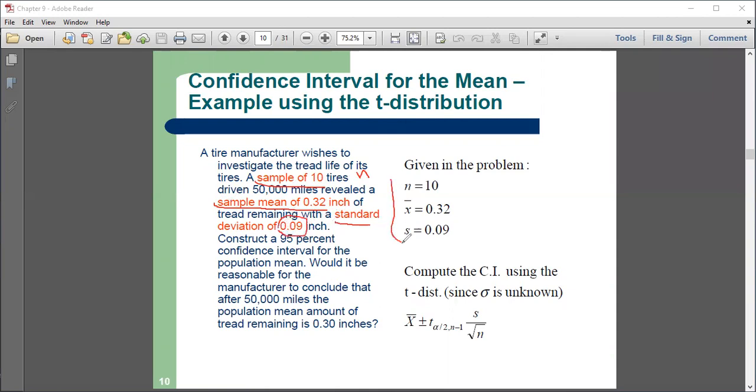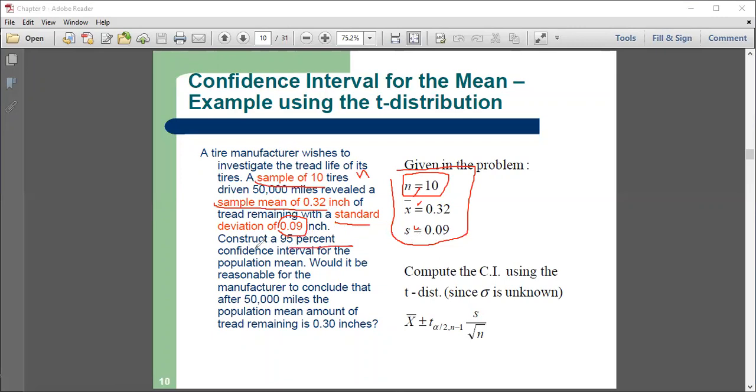So the information given in the problem is n, x bar, and standard deviation. We are using t here because n is smaller than 30. Here sigma is unknown, s is known.